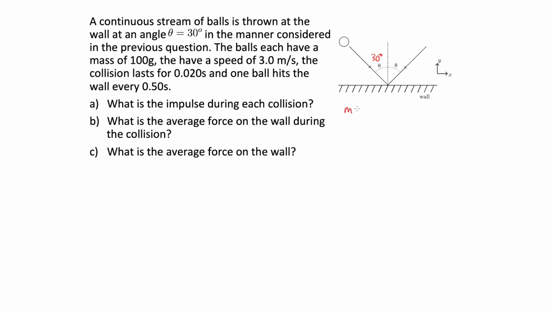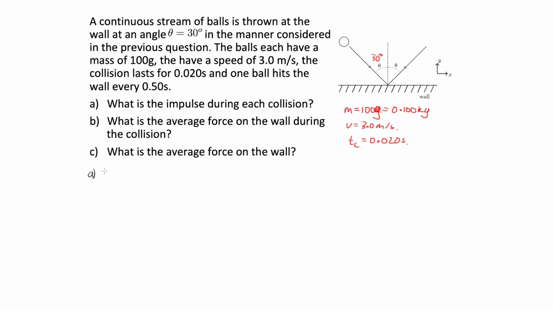So the mass is equal to 100 grams, which is 0.100 kilograms, and have a speed of 3 meters per second. The collisions last for 0.020 seconds. So the time for the collision is 0.020 seconds. And one ball hits the wall every 0.5 seconds. Okay, so we're asked what is the impulse during each collision.